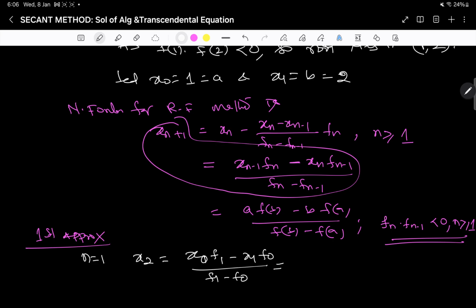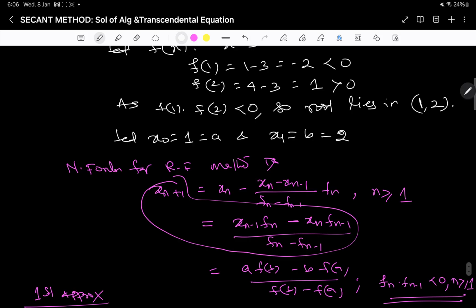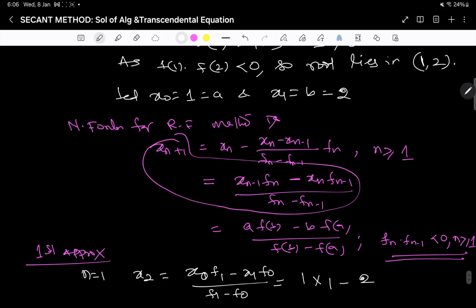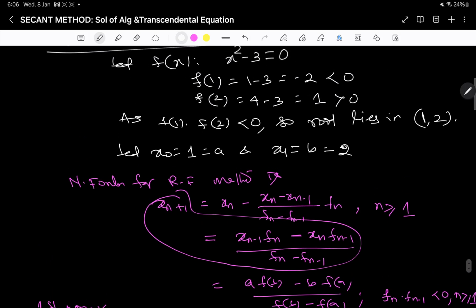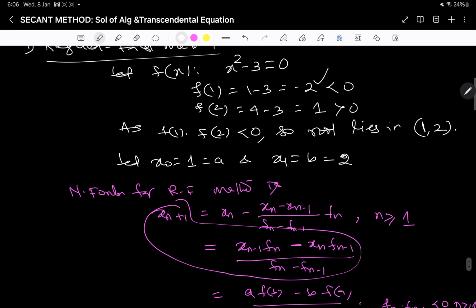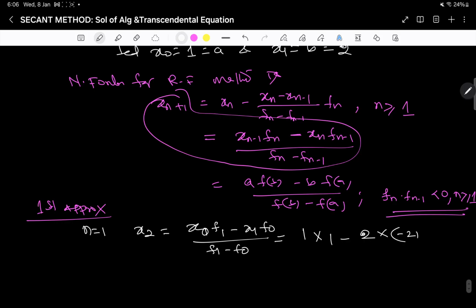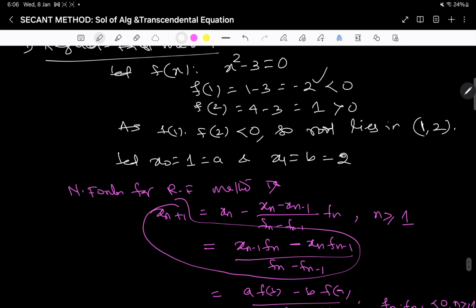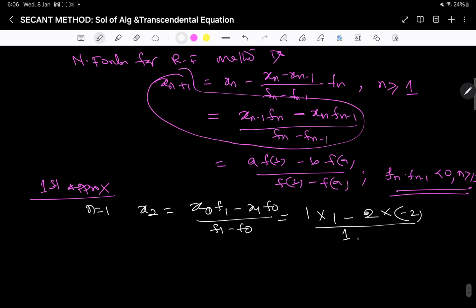If you simplify it, here x0 is 1 into f(b), which is 1, minus x1 which is 2 into f0, which is minus 2, divided by f1, which is 1, minus f0, which is minus 2, so minus of minus 2.